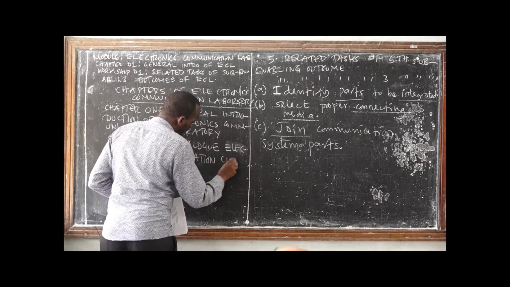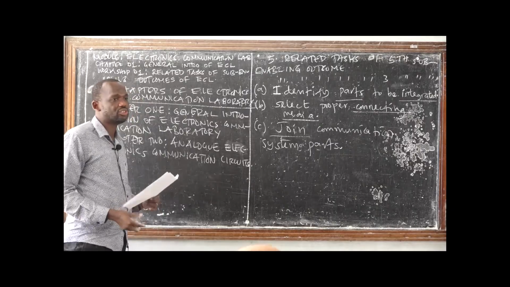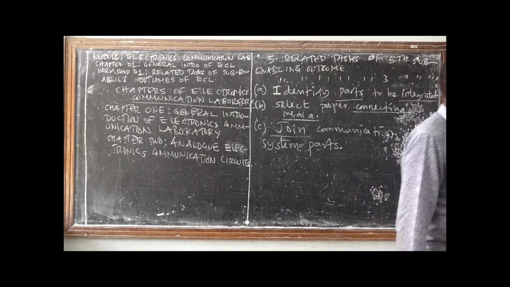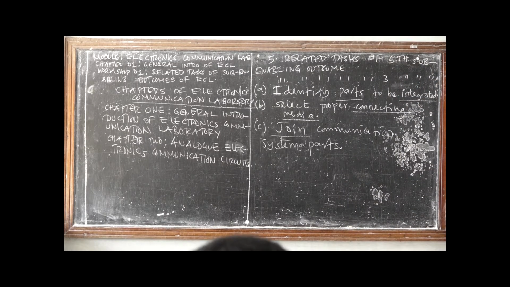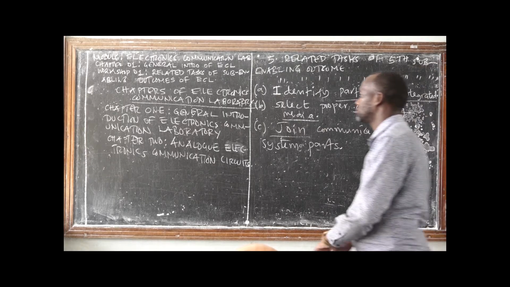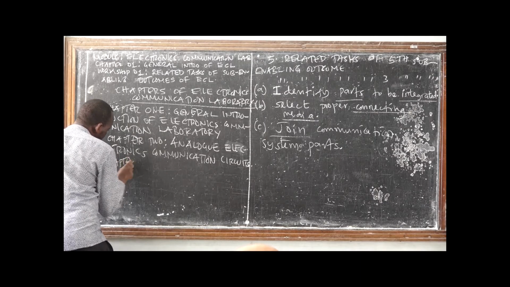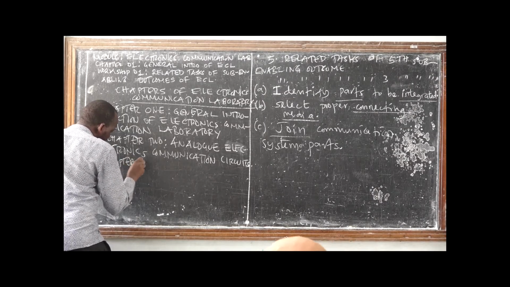This topic relates to the first sub-enabling outcome: you have to employ knowledge and skills of electronics and telecommunication to construct analog circuits. So the second chapter is analog electronics communication circuits. That's the second chapter. Then the third chapter, this is chapter 3.